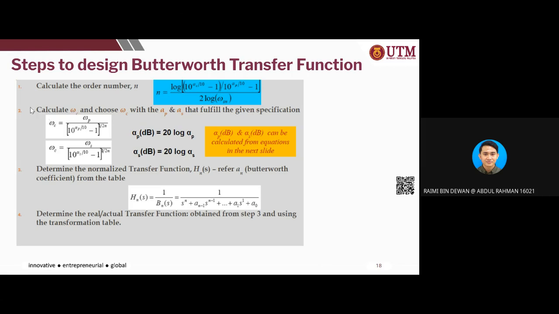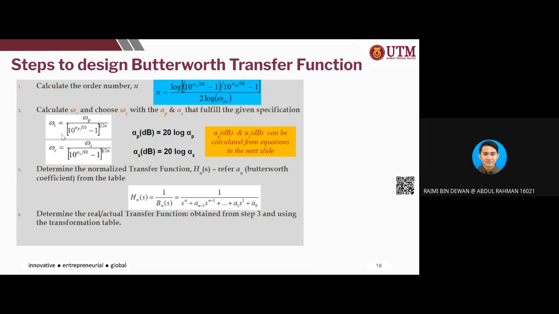The second step, you need to calculate omega c and choose omega c with the alpha p and alpha s that fulfill the given specification. You need to calculate omega c here.